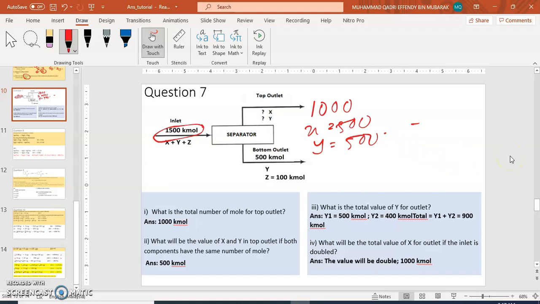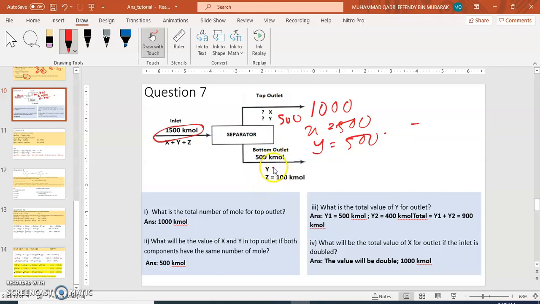Next, the question asks us what is the total value of Y for outlet. For the top outlet, we know that Y is 500. For the bottom outlet, we know that it consists of two components, Y and Z. And for the Z, we have 100 kilomole.